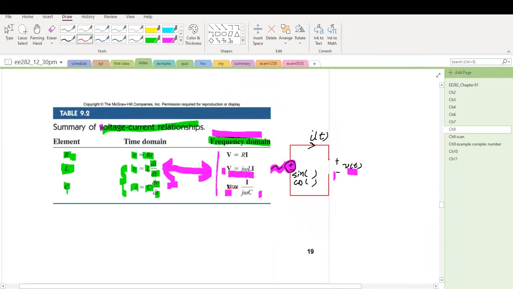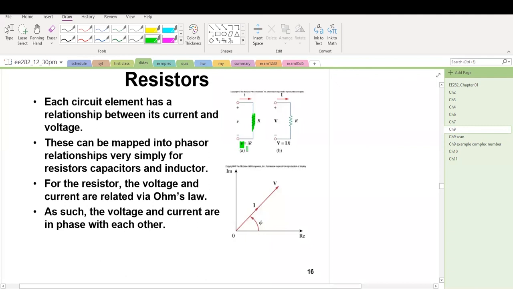Of course, for resistor, in time domain, V equals I multiplied by R. In phasor domain, V is still equal to I multiplied by R, but this is in phasor domain now. You can see here, if this is V and this is I, they share the same phase, the same angle.